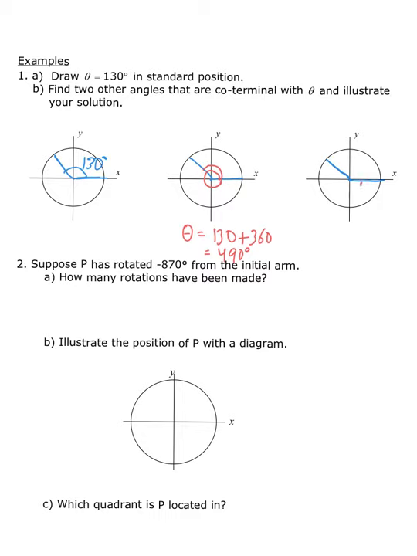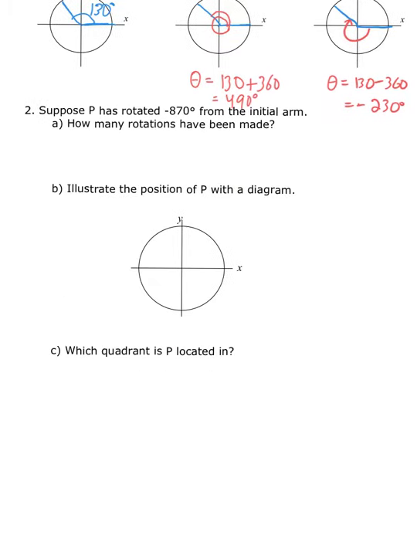You're starting at your initial arm, you're going clockwise, so you know your angles are going to be negative. So to get that angle, I'm going to say 130 degrees minus 360 degrees, which is negative 230 degrees. Again, we say 490 and negative 230 degrees are coterminal with 130 degrees because they have the same terminal arm.